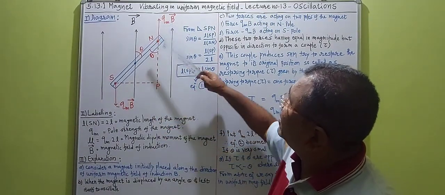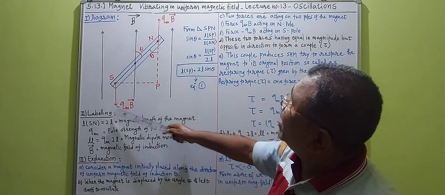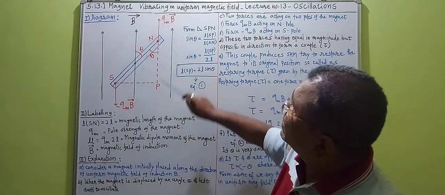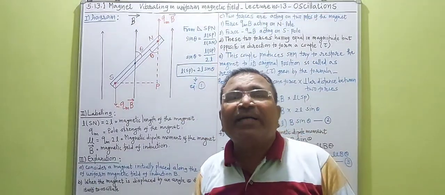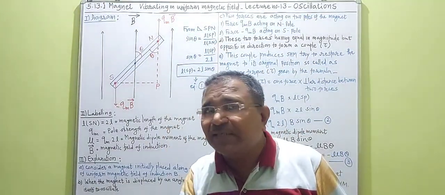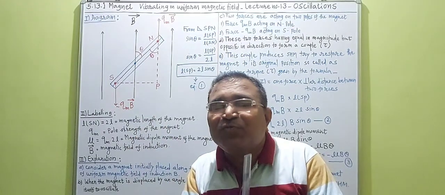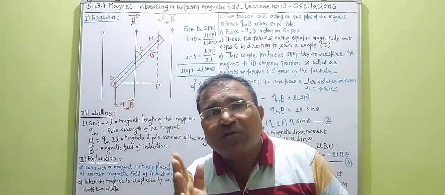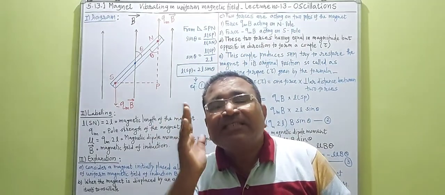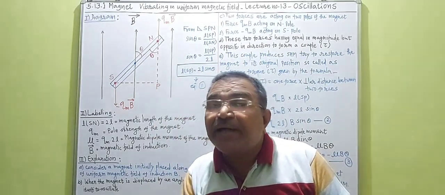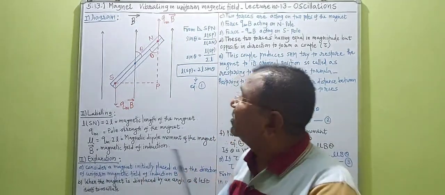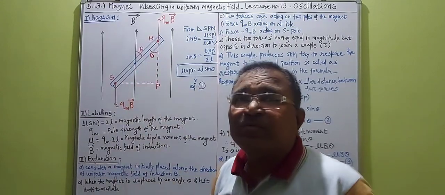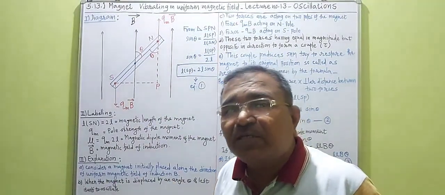Qm into B is the upward force and minus Qm into B is the downward force. These two forces are equal in magnitude but opposite in direction. The combination of these two forces forms a couple, and this couple tries to restore the magnet to its original condition, forming a restoring torque.